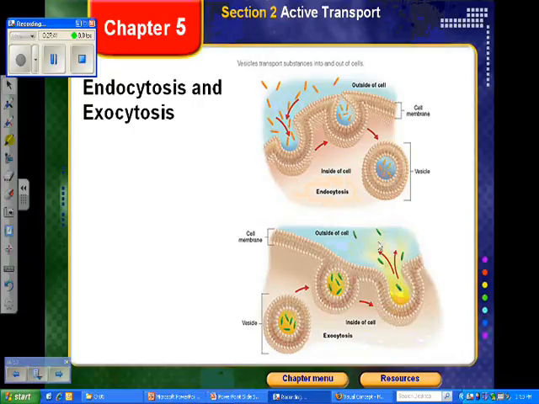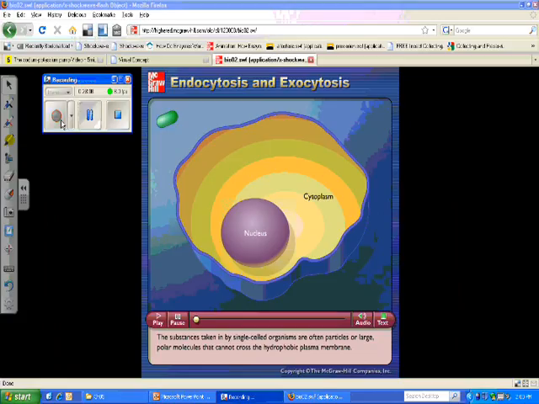You need to be able to recognize that as exocytosis. We really just have one form of exocytosis. In endocytosis we have pinocytosis for liquids and phagocytosis for solids, but we just call it exocytosis for things that are exiting.